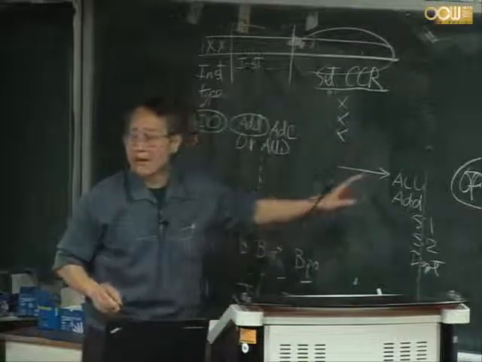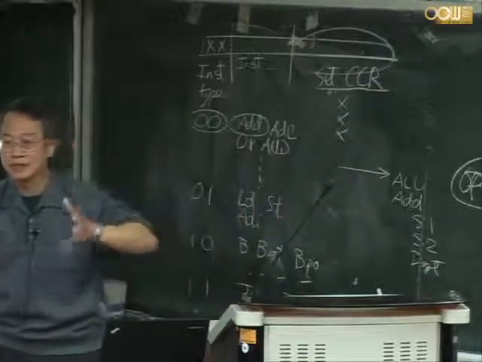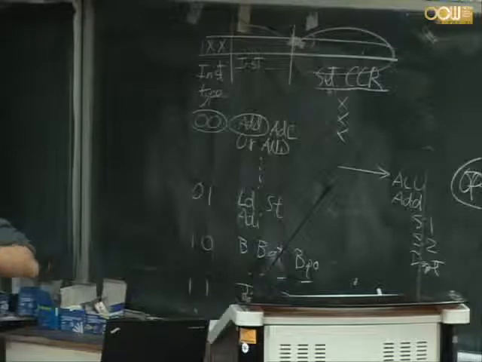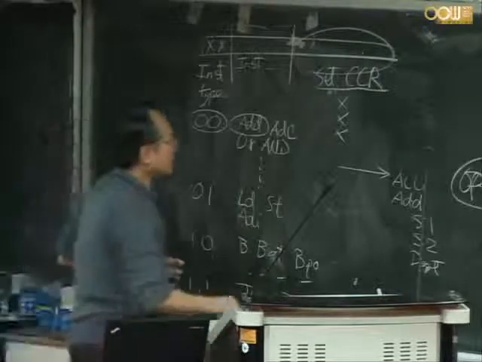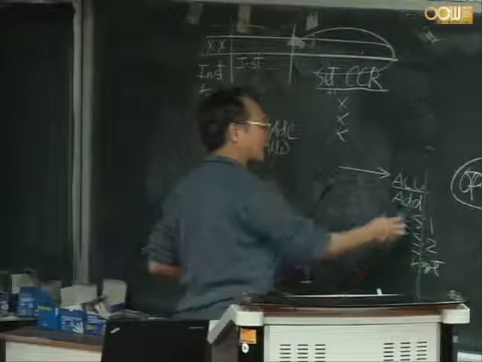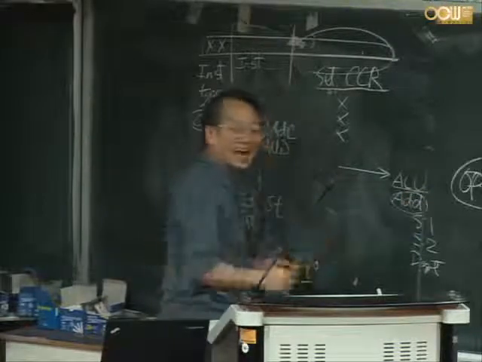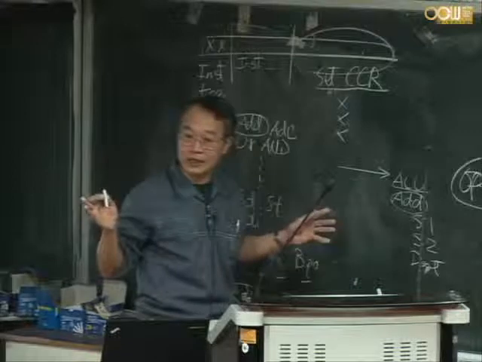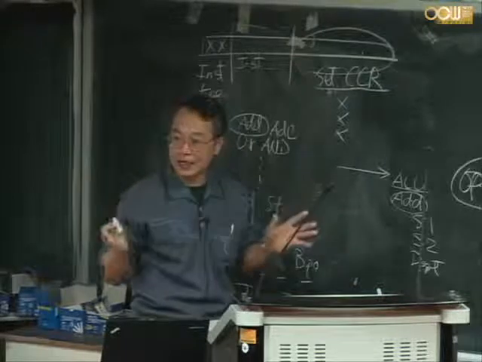And you should be able to imagine how we open and close those muxes in the data path design. So we need control signals to the ALU specifying the operation is an add without carry. Sometimes we add with carry.